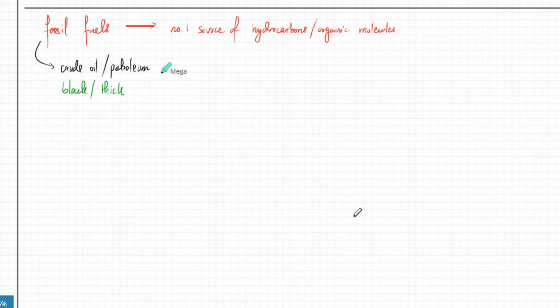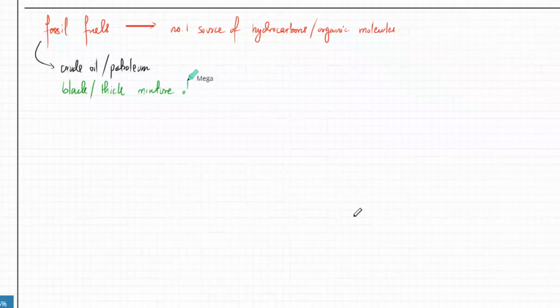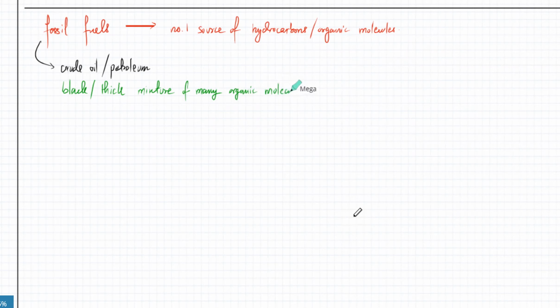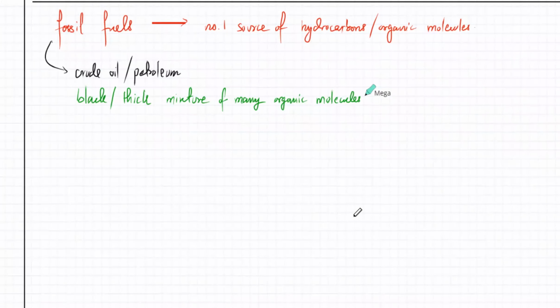You get this black, thick mixture of many organic molecules. It's a huge mixture of many organic molecules. Some of them are small, some of them are big molecules.